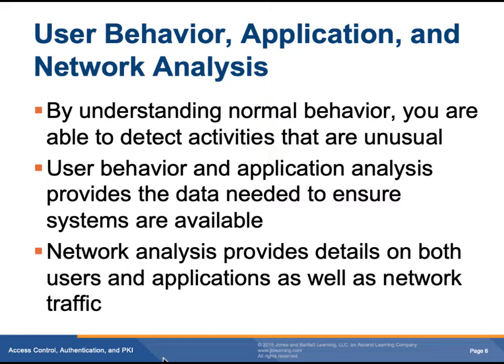And in a way, that's one thing that policies and procedures provide your organization with, is a guideline of what is normal behavior. Number two, user behavior and application analysis provides the data needed to ensure systems are available. And number three, network analysis provides details on both users and applications as well as network traffic.